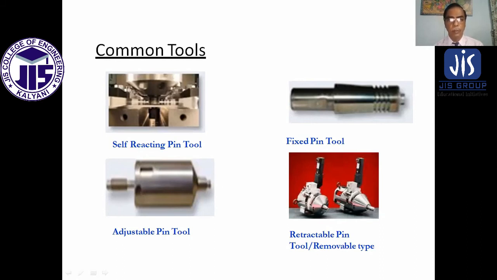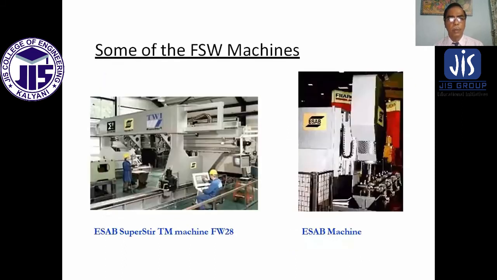Other varieties of tools are there, definitely. Some friction stir welding machines are made by ESAB India Limited, such as the FW28, also an ESAB machine.